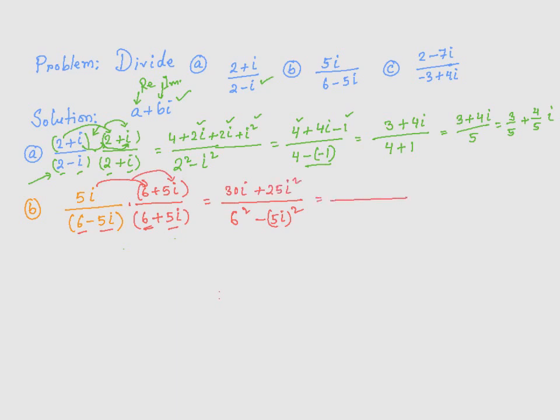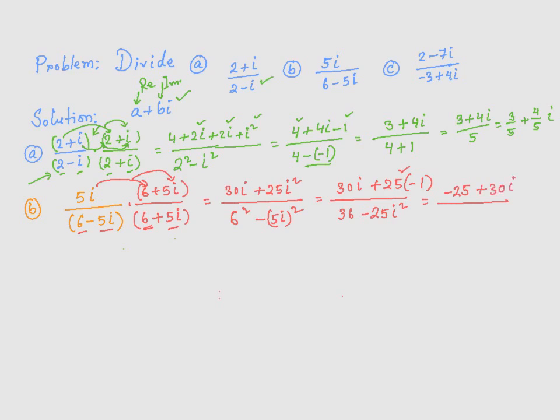And in the denominator, 6 squared is 36 minus 5i whole squared is 25i squared. And then on the top I have 30i plus 25i squared, but i squared is negative 1. So now I will have on the top negative 25, because 25 times negative 1 is negative 25, plus 30i.